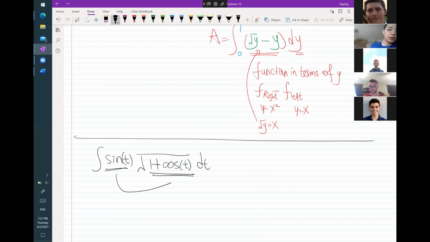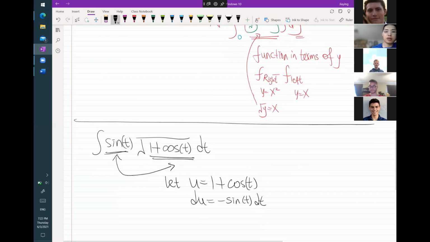So let u equal 1 plus cosine t. Then du equals negative sine t dt, and solving for dt gives 1 over negative sine t du. Then you put this into the integral.